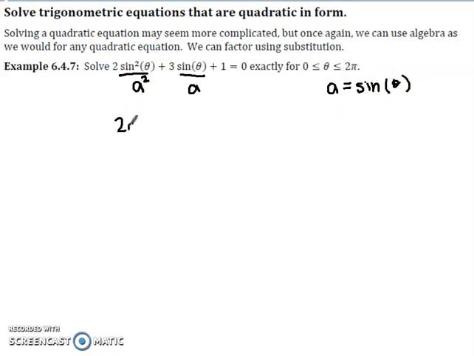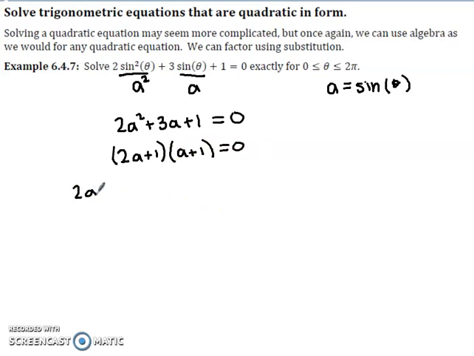So I've got 2 times a squared plus 3 times a plus 1 is equal to 0. And this is a fairly friendly quadratic that we should be able to factor. When we factor, we will get 2a plus 1 times a plus 1 is equal to 0, which means that 2a plus 1 is equal to 0, or a plus 1 is equal to 0.